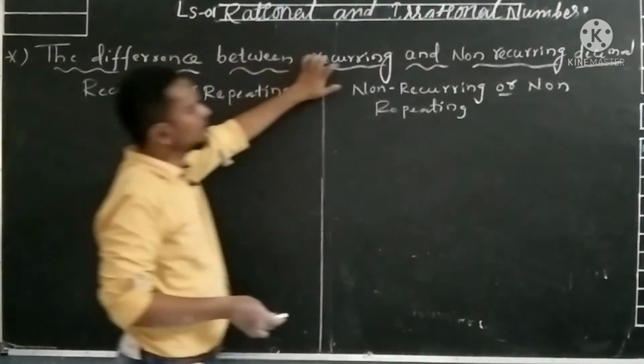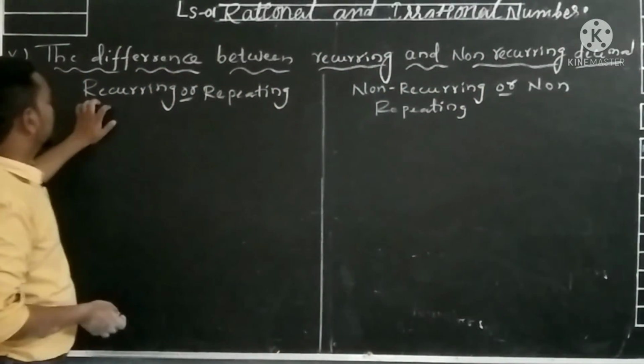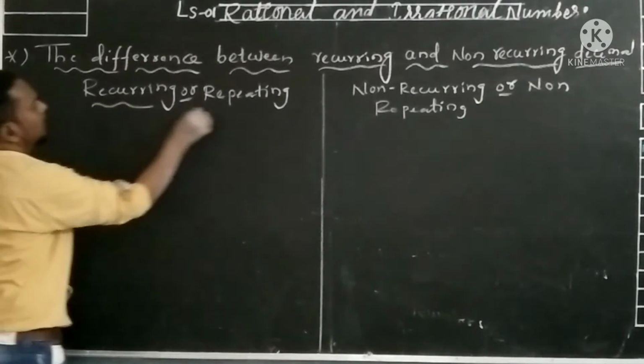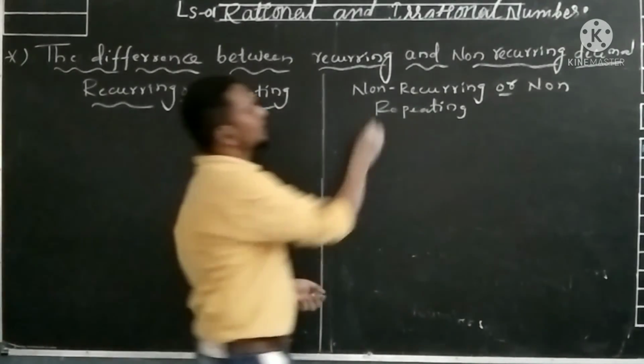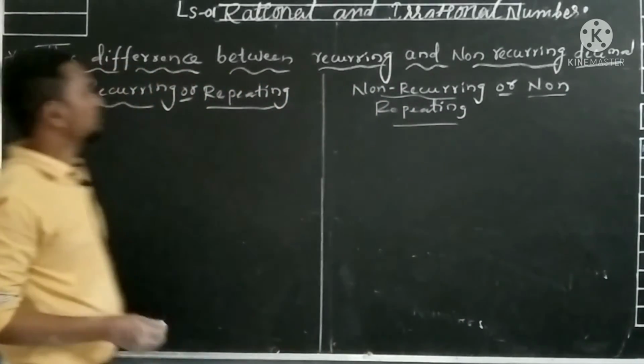Difference between recurring and non-recurring decimals.